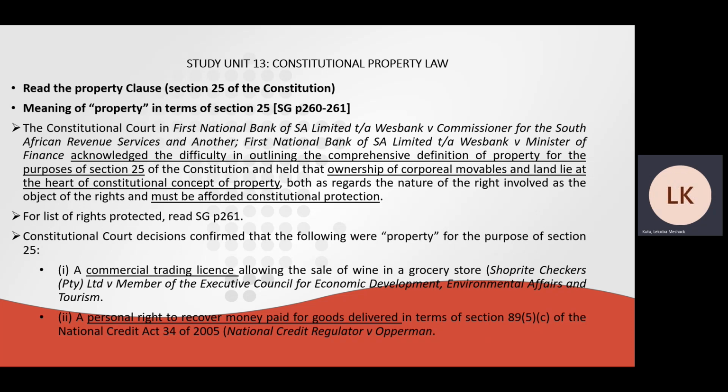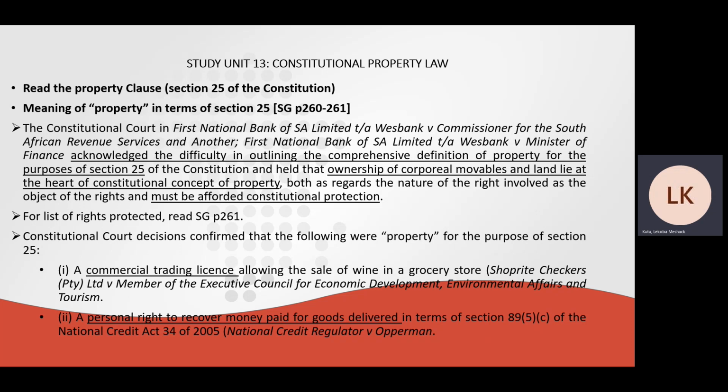Now, in the Constitutional Court case of FNB, the Constitutional Court acknowledged the difficulty in outlining a comprehensive definition of property for the purpose of Section 25. The court held that ownership of corporeal movables and land lie at the heart of the constitutional concept of property, and must therefore be afforded constitutional protection in terms of Section 25.